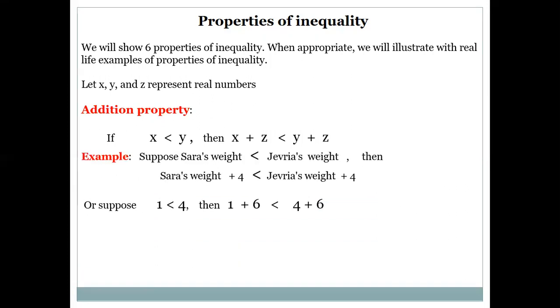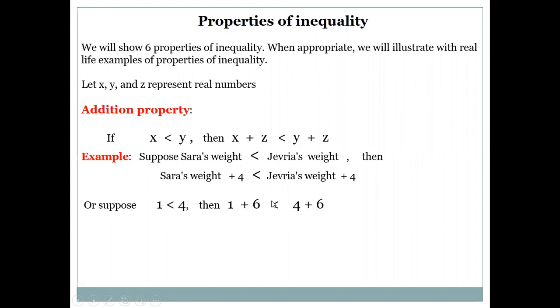Now let's see a real life example. Suppose Sarah's weight is less than Javeria's weight, then Sarah's weight plus 4 is less than Javeria's weight plus 4. For example, if 1 is less than 4, then 1 plus 6 is less than 4 plus 6.